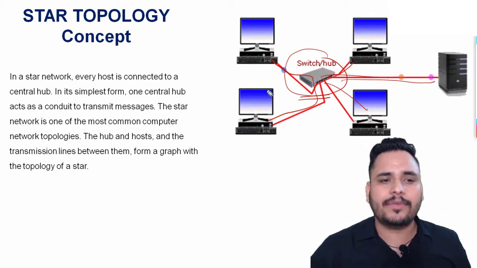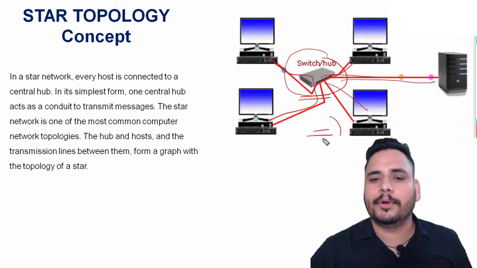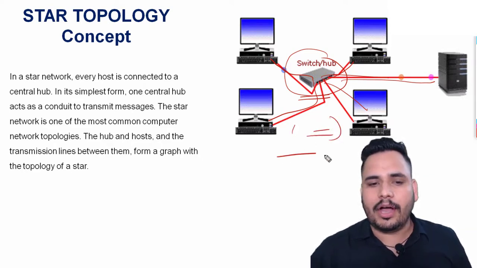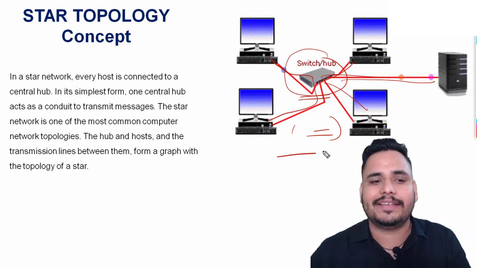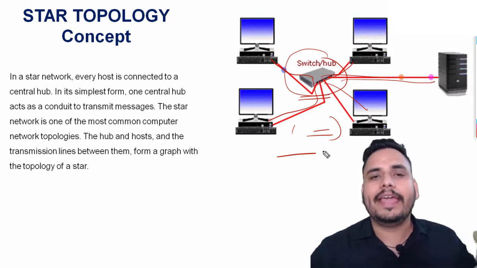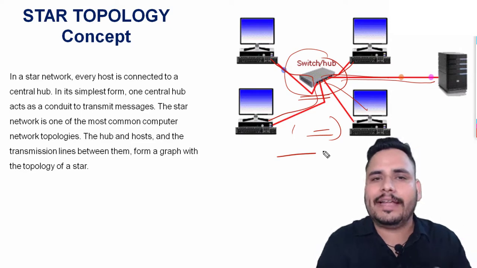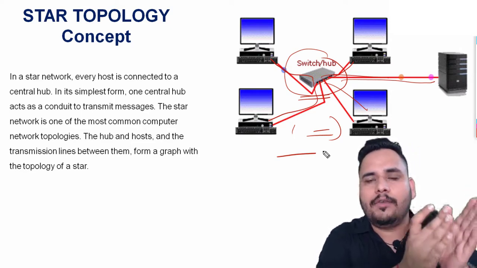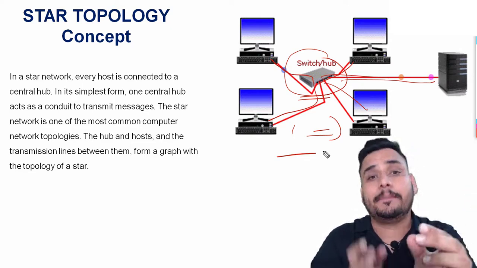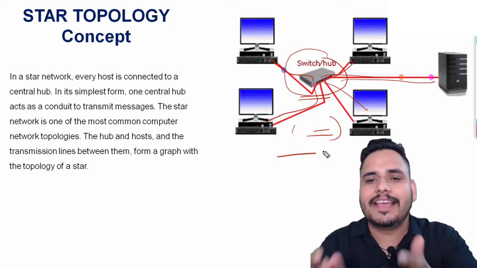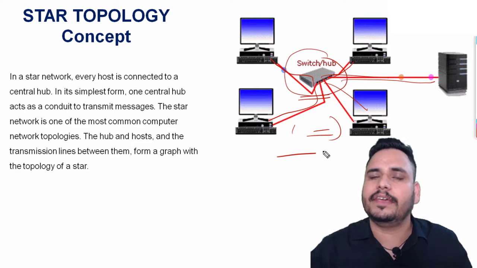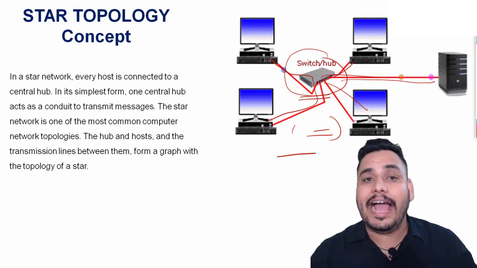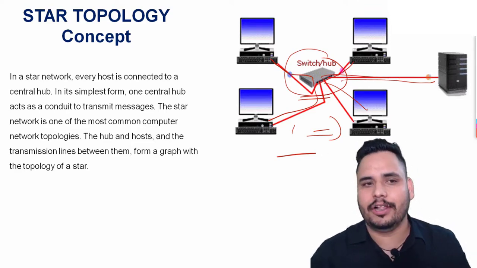The star network is one of the most common computer network topologies because the transmission lines between all the devices are one to one. Like in other topologies, all the data transfers from one PC to another PC and then to another PC. In this, the centralized device can send data from one PC to another PC unidirectionally as well as bi-directionally.